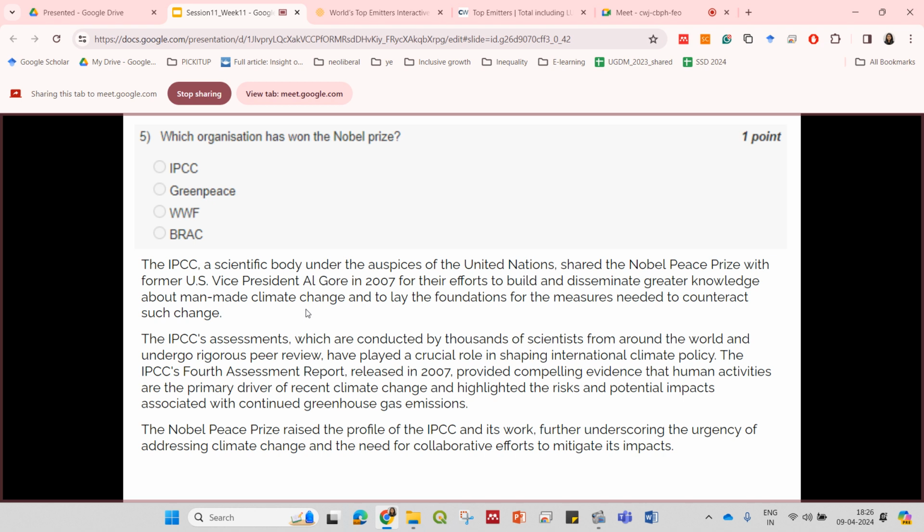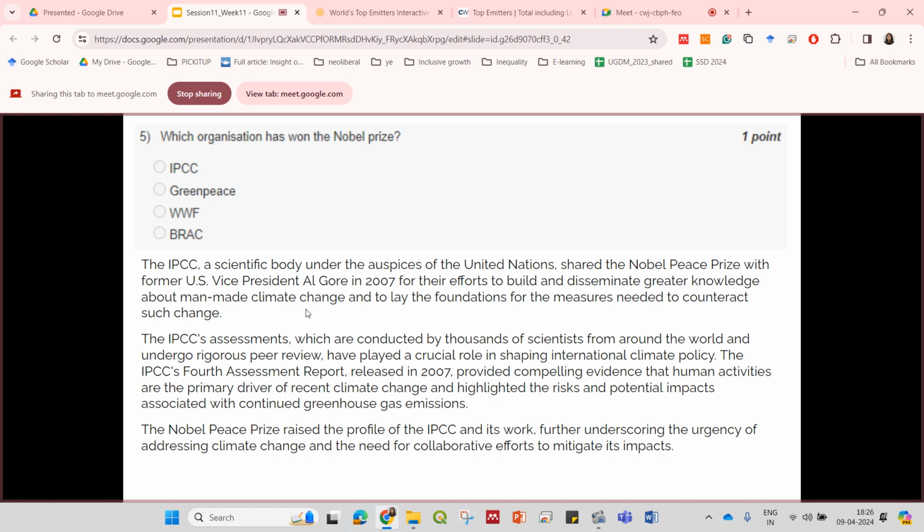And this then laid down the foundations that we need to measure the climate change, that we need to measure what kind of emissions we are making, which emissions are coming from what sources, and how we can make reductions in these emissions and counteract the climate change that is already in action.